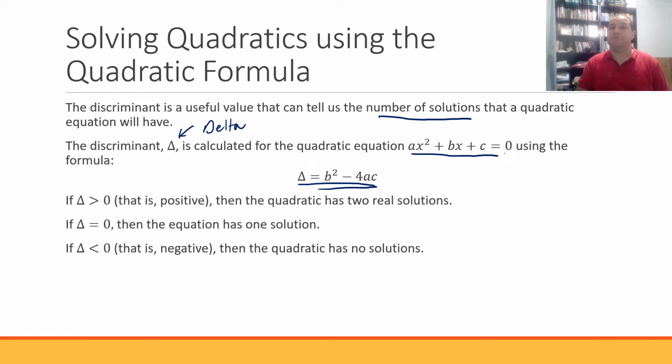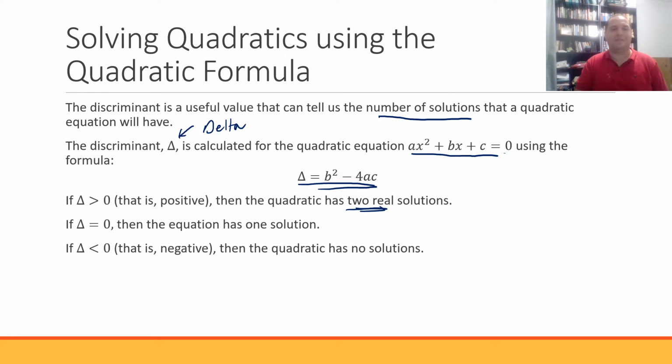Now, a couple of rules around this. If delta is positive, if delta is greater than 0, then the quadratic has two real solutions. If delta equals 0, then the equation has only one solution.